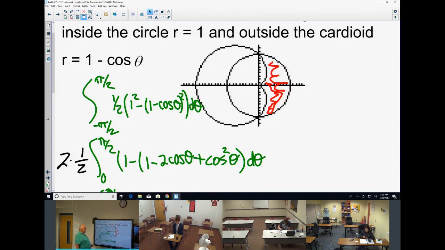And so then it's 1, the outer radius, which is 1 squared, minus (1 minus cosine theta) squared. And so then if we just simplify, 1 squared is 1 minus, and then square that out, 1 minus 2 cosine theta plus cosine squared theta.